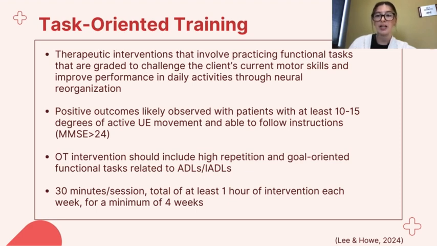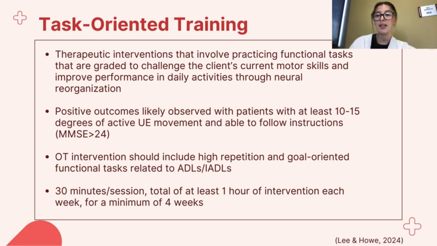Positive outcomes are likely observed with patients with at least 10 to 15 degrees of active upper extremity movement and able to follow instructions or have a Mini-Mental State Exam score of greater than 24. OT interventions should also include high repetition and goal-oriented functional tasks directly related to ADL and IADL.